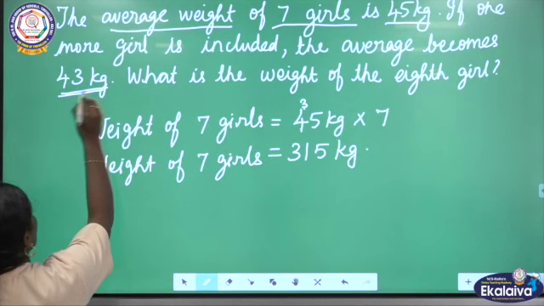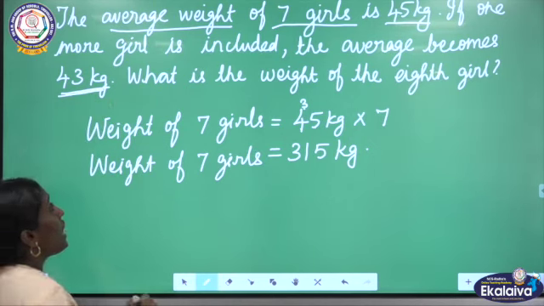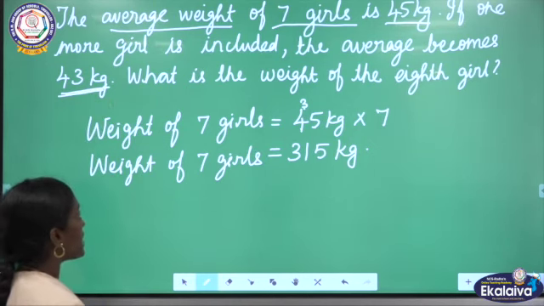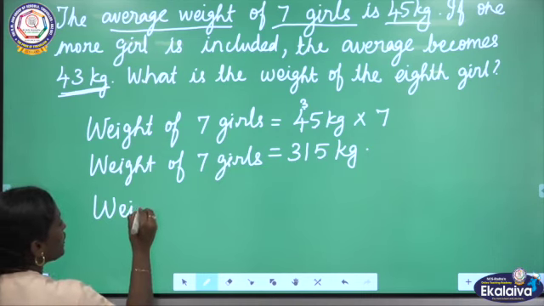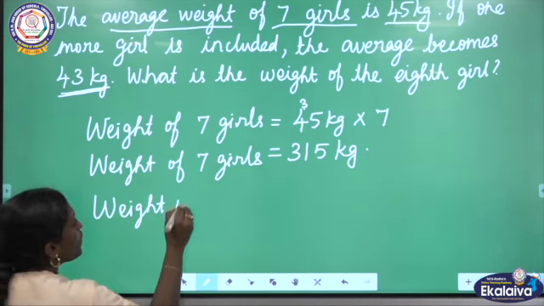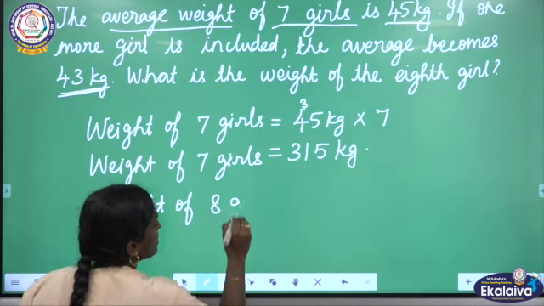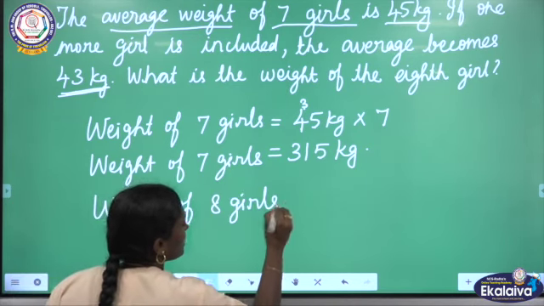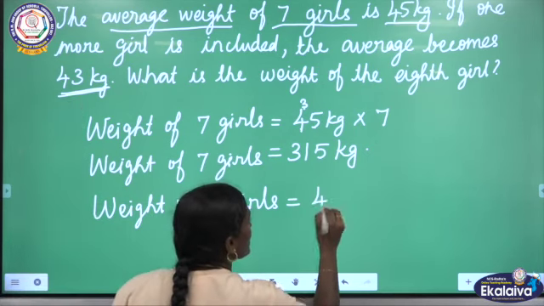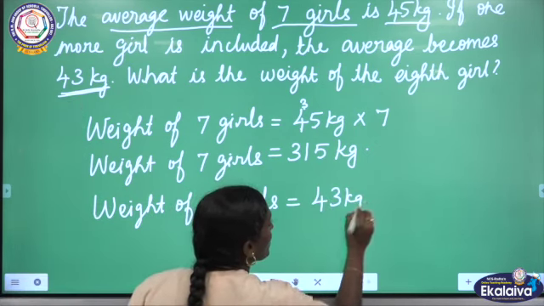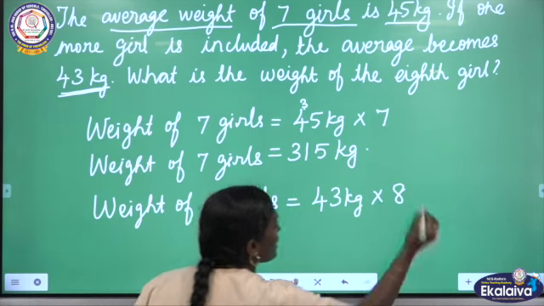Then here 43 kilogram is the average weight of 8 girls. From this we are going to find the weight of 8 girls. Weight of 8 girls is equal to average weight, that is 43 kilogram into number of girls 8.